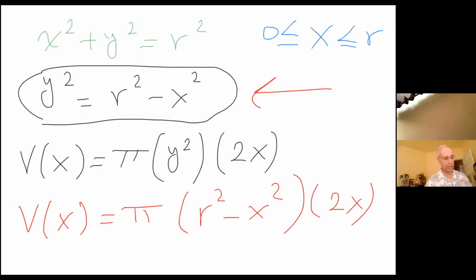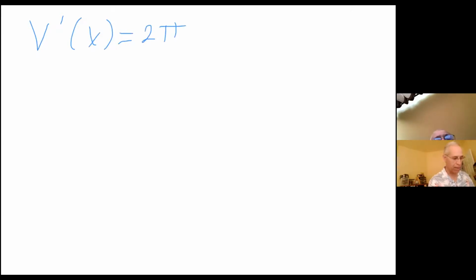Now I'm going to go to the next page and take the v prime. Now I know v prime as a function of x equals, I'm going to keep the 2 pi out, it's my constant, derivative of r to the second minus x to the second. Oh, let's do one baby step actually.